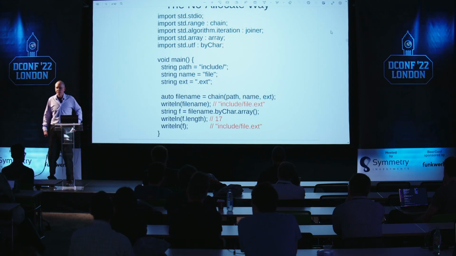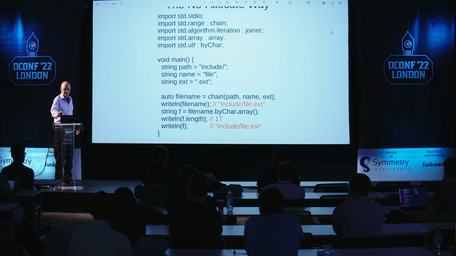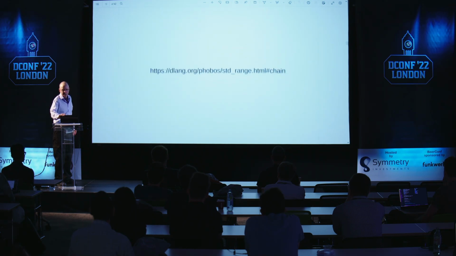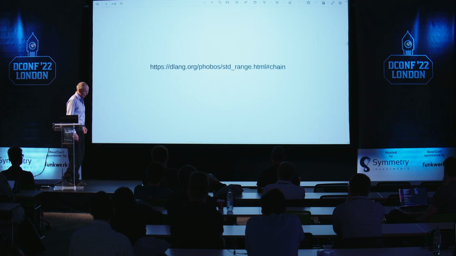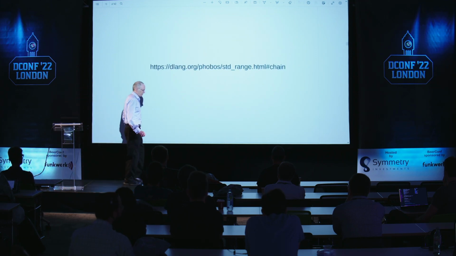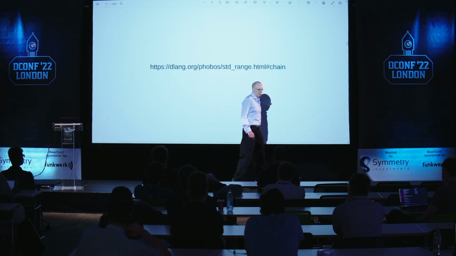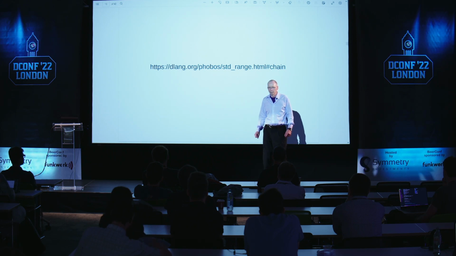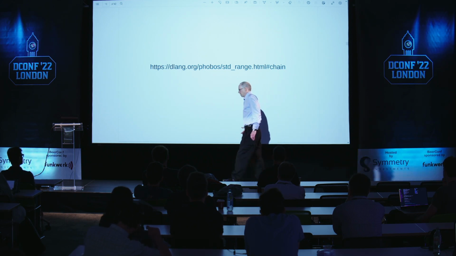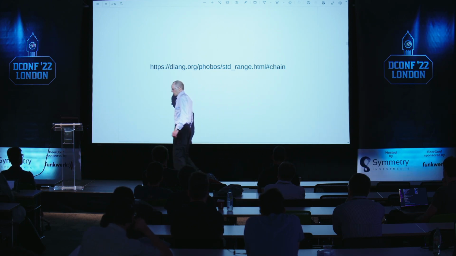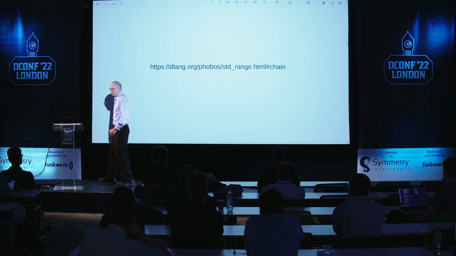But it turns out, if you look at the implementation of std.path, std.path does a lot of file name manipulation, assembling paths, dealing with extensions, replacing extensions. And it doesn't actually return strings, it returns ranges.